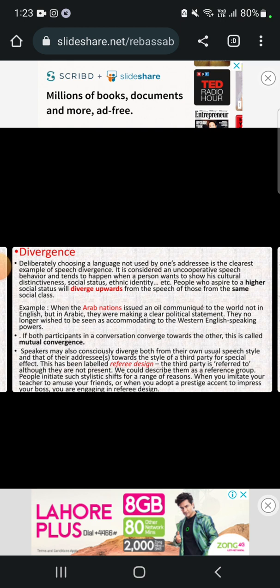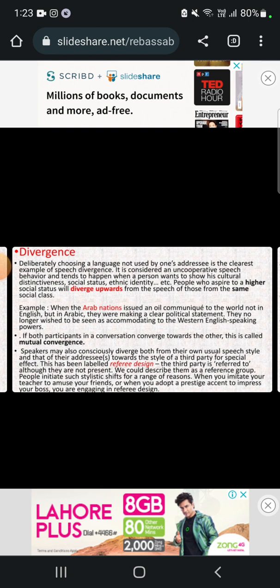Divergence, deliberately choosing a language not used by one's addressee, is the clearest example of speech divergence. It is considered an uncooperative speech behavior and tends to happen when a person wants to show his cultural distinctiveness, social status, or ethnic identity. People who aspire to a higher social status will diverge upwards from the speech of those from the same social class.